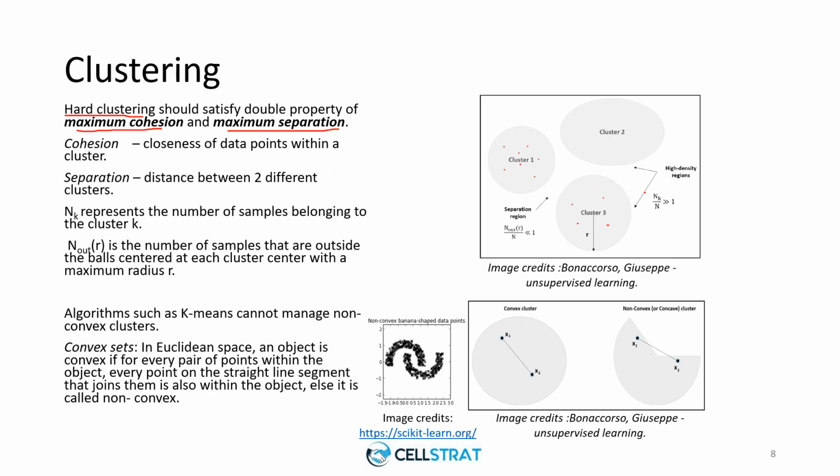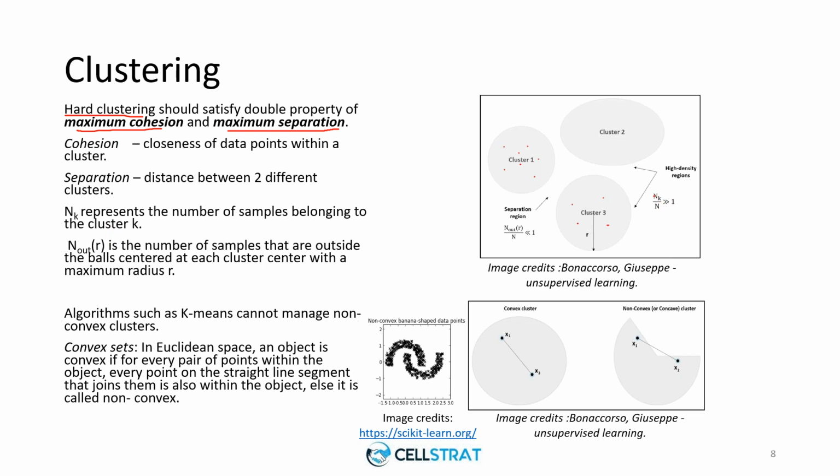So if you see this nk by n, if it is very big, larger than 1, then those are your clusters. That is following maximum cohesion. What is nk? nk is the number of samples belonging to cluster k, and n is the total number of samples.